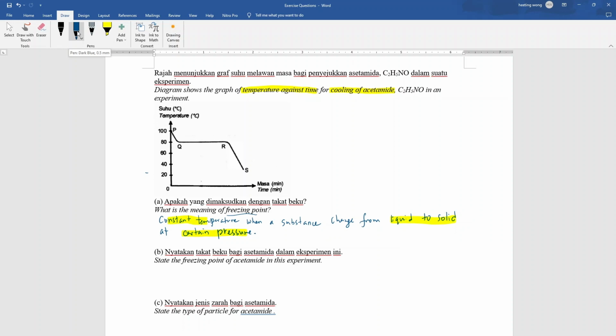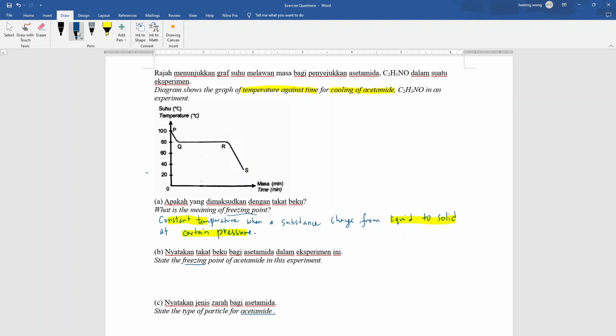Now, state the freezing point of the acetamide. How do we determine the freezing point? Very easy. The temperature remains constant here, so we know that it is here.